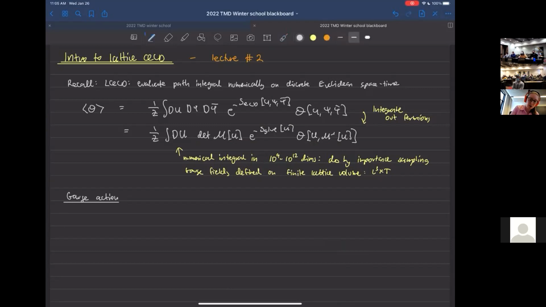And just as for the fermion action, like I said, the precise construction is pretty much irrelevant if you have the right continuum limit, but some will have better or worse discretizations than others. So we're going to construct the action out of closed paths of gauge links, I should say.